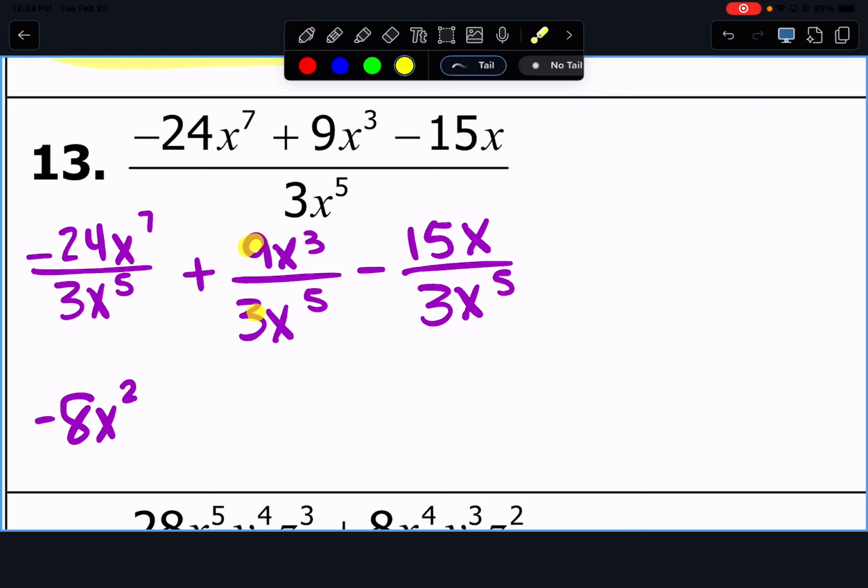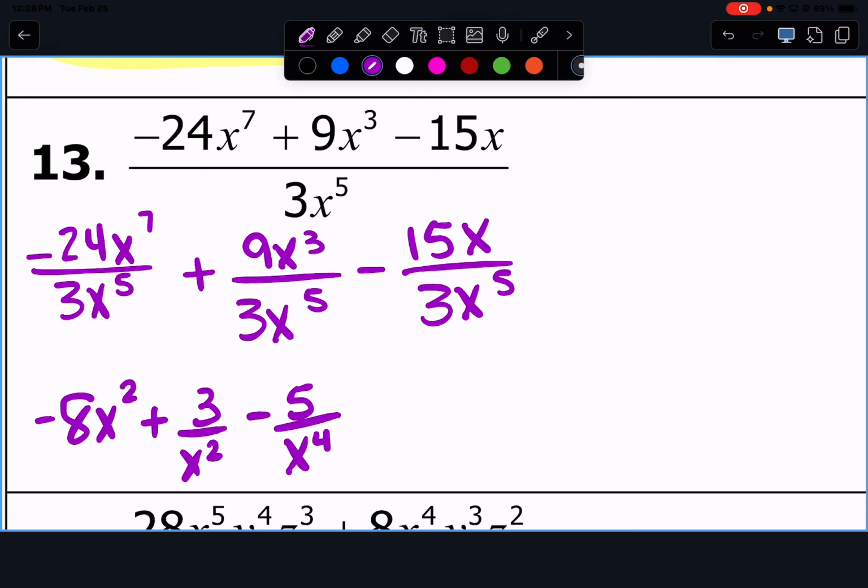What is 9 divided by 3? What do I get, though, for x to the 3rd divided by x to the 5th? Negative 2. And if it's a negative exponent, does it go numerator or denominator? So we will bump that back down and make it x squared. Negative 15 divided by 3? And then it's x over x to the 5th. So that would be x to the negative, not negative 5, but negative 4. So we put that over x to the 4th.